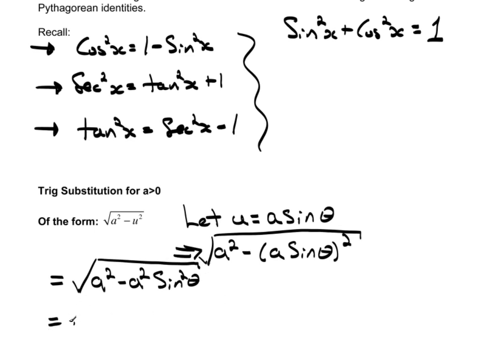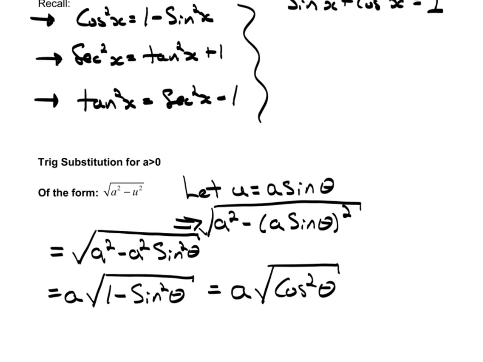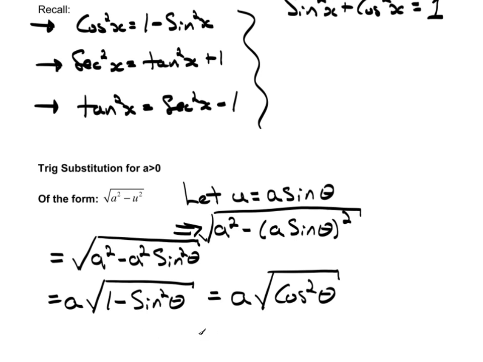The a squared will come out as an a, so I have a times the square root of 1 minus sine squared theta. But we all know that 1 minus sine squared is cosine squared, so this is actually equal to a times the square root of cosine squared theta. And of course, the square root of cosine squared is just cosine, so this equals a cosine theta.